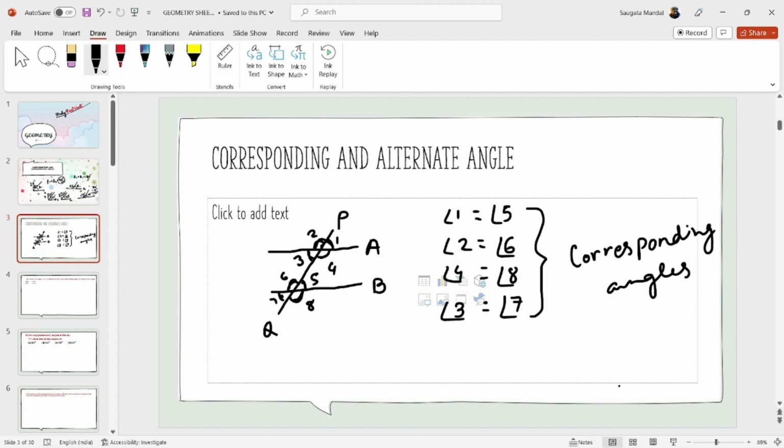Please look at the picture. This is a line and this is a line. They are parallel to each other. A transversal line is drawn across the parallel lines. 8 angles are formed by default.